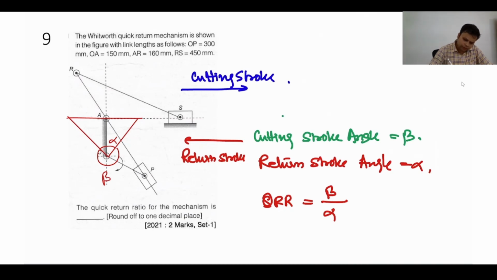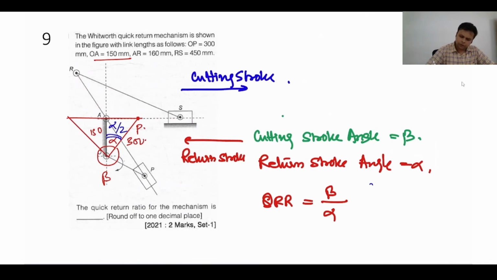So OA is given, 150, and OP is given, 300. So can we find out what alpha by 2 is? This angle will be alpha by 2.